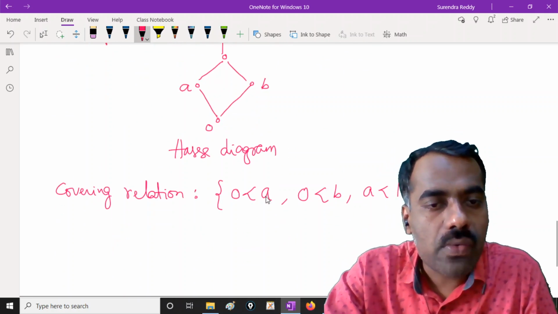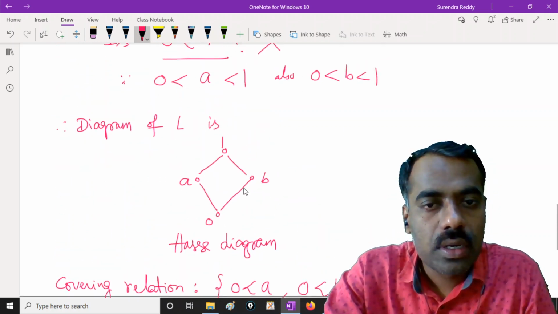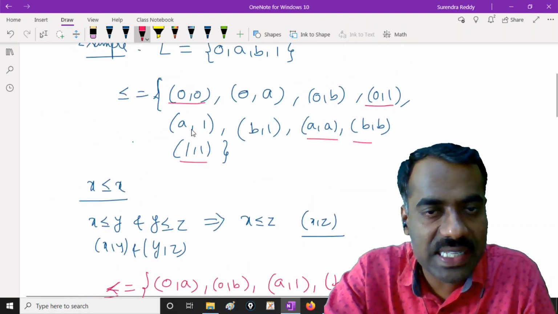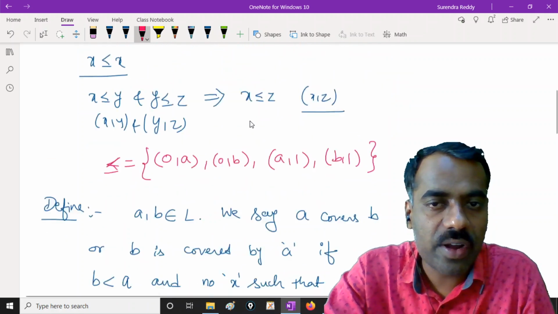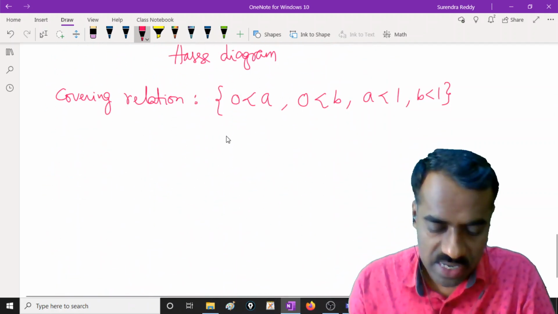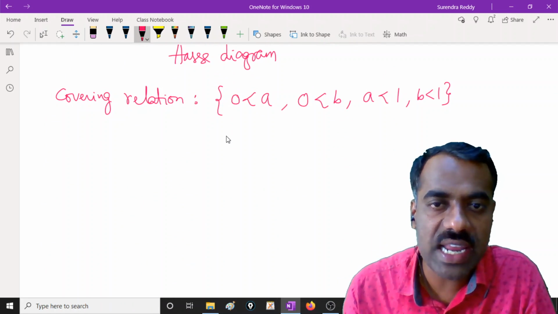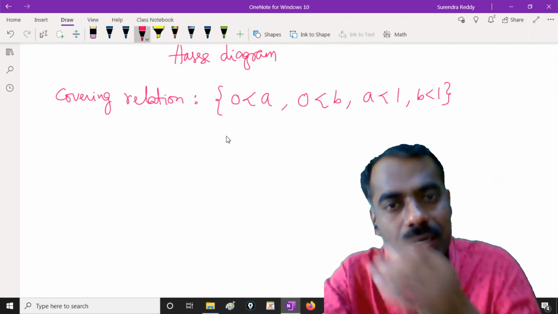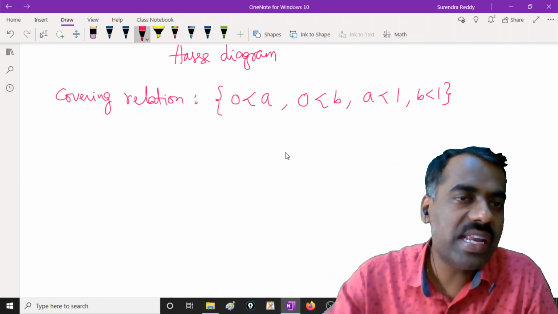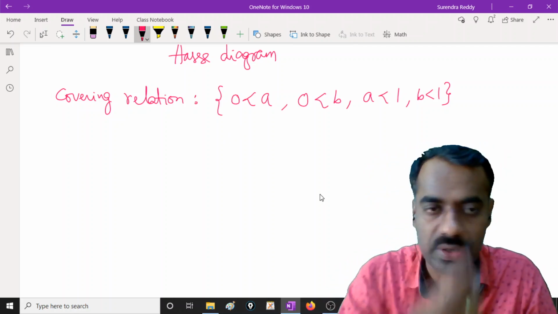Now one can ask a question. From the lattice relations we have got this covering relation. If we have a covering relation, that means we have elements and which element covers the other. Can we get all the relations among elements?